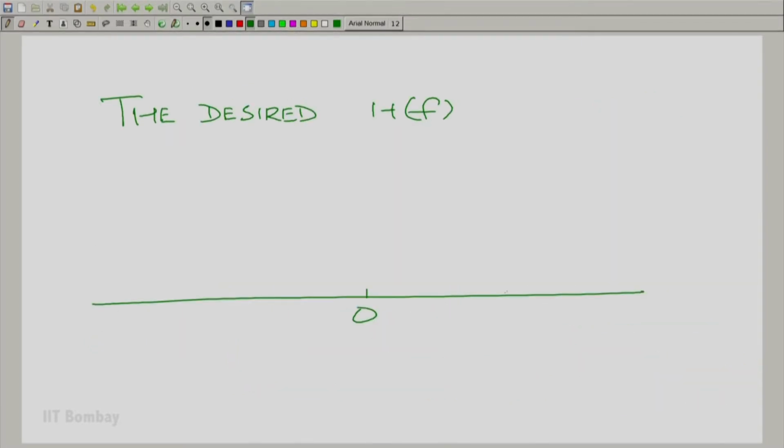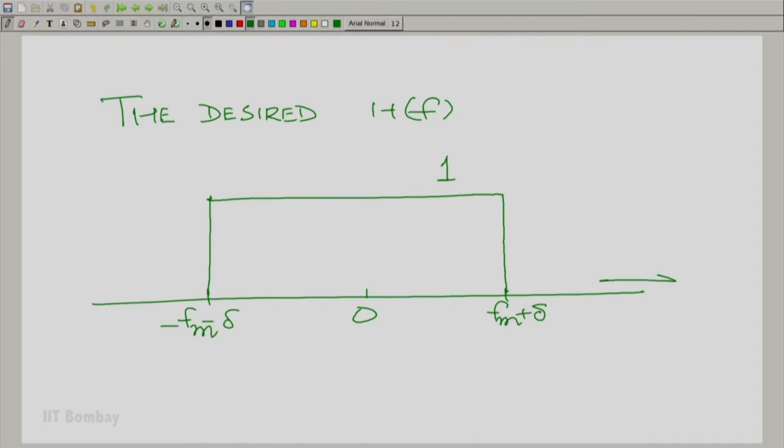The desired frequency response needs to be 1 between just a little before minus Fm on the negative side, and just a little after Fm on the positive side of F. So, here I am writing in terms of the cycles per second or Hertz frequency, and I am saying the desired H(F) needs to be 1 from, let us say, minus Fm minus delta to Fm plus delta.